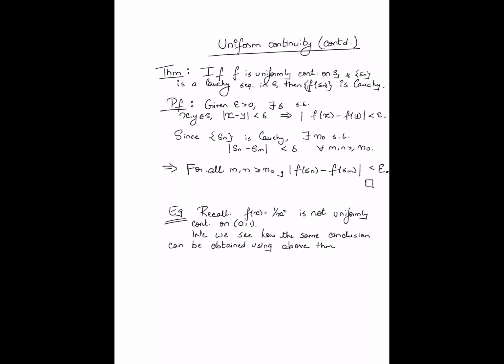How would the argument go? The argument would go as follows. Suppose that this function is in fact uniformly continuous on 0, 1. So assume, for getting a contradiction, f is uniformly continuous. Okay, and now construct the following sequence. Sn is equal to 1 by n.